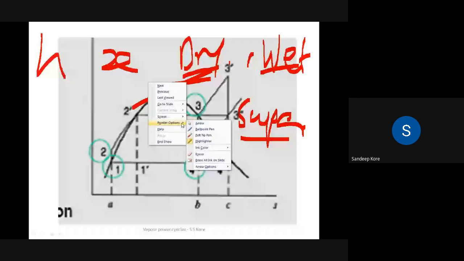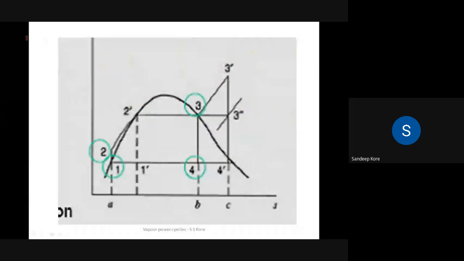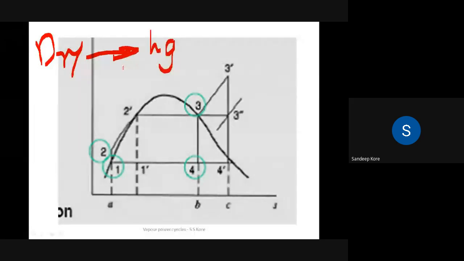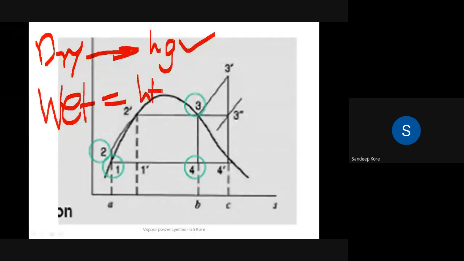So how to get the enthalpy of dry steam? Enthalpy of dry steam is directly equal to Hg. If you refer to a steam table, directly you have to find the Hg, which is the enthalpy of dry steam. Now enthalpy of wet steam is given by Hf plus x into Hfg.